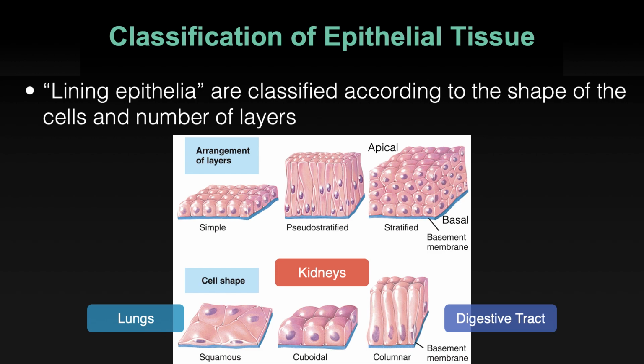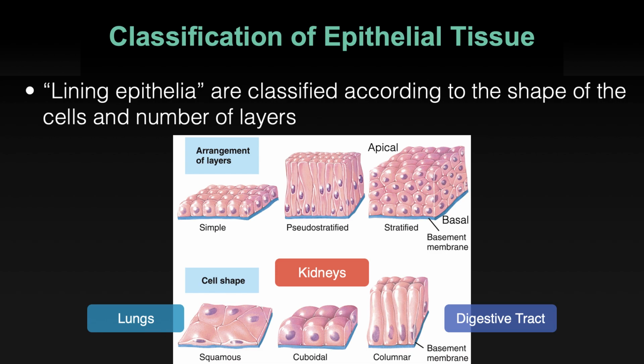Now these can come in many different combinations. You can have stratified squamous or simple squamous epithelium. You can mix and match these characteristics as you see fit. The name, though, depends on the situation.